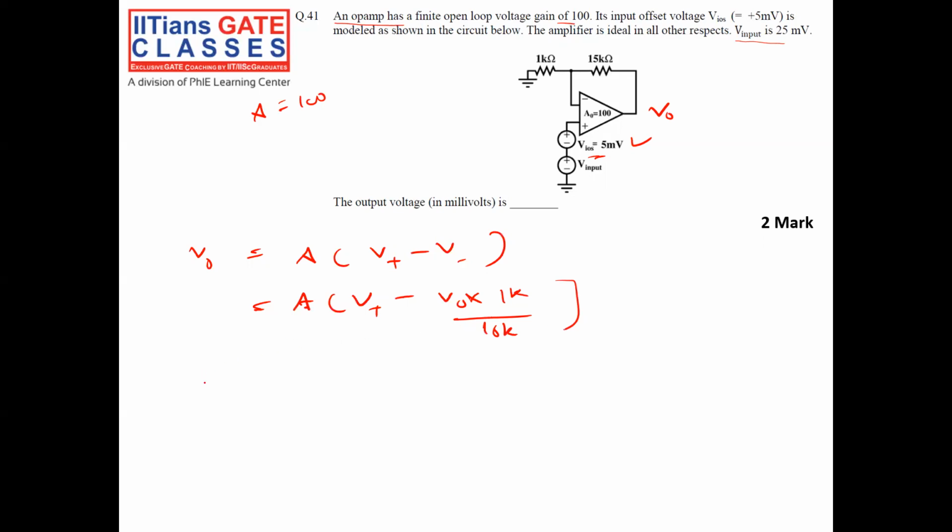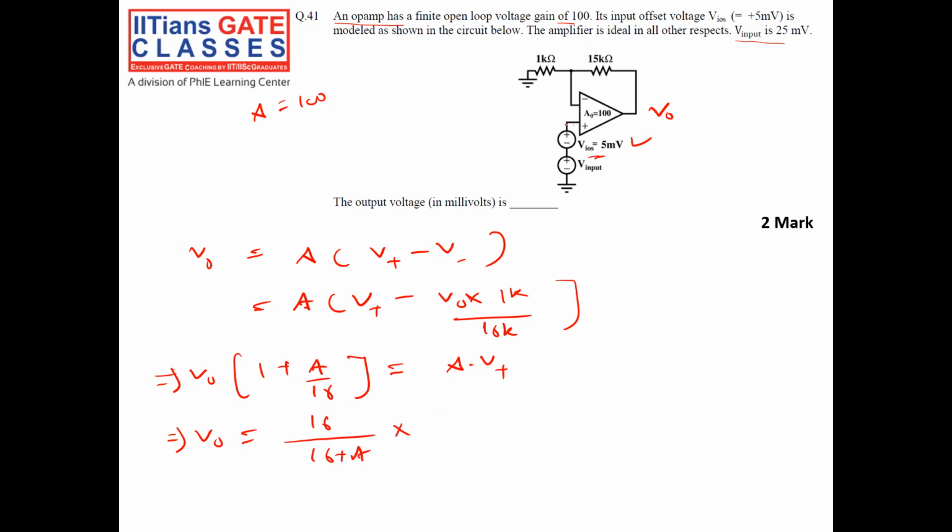Right? So simply V0 into 1 plus A by 16 is equal to A into V positive. This implies V0 is equal to A by 16 plus A into V positive.